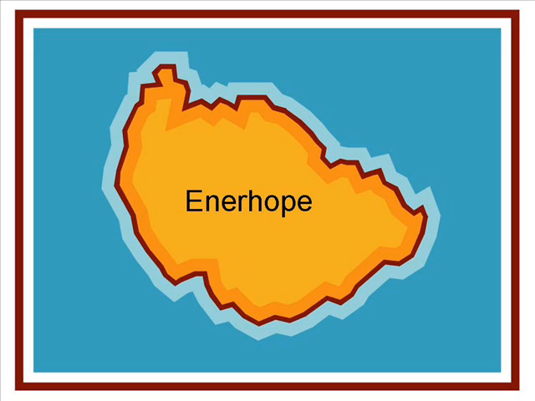Welcome to the island nation of Enerhope, which, like other nations, is concerned about the approach of climate change and willing to reduce its emissions of greenhouse gases. In 2009, Enerhope monitored all of its greenhouse gas emissions and prepared an inventory.